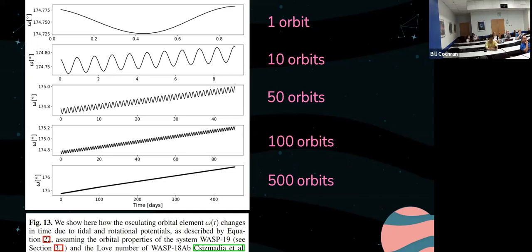But then in 10, 50, 100, and 500 orbits, you can properly see a change. The basic fact is that if you have a baseline of observations which is long enough in time, you can see the periastron angle changing in time and measure that, and with the equations I showed you before, relate it to the Love number of the star.